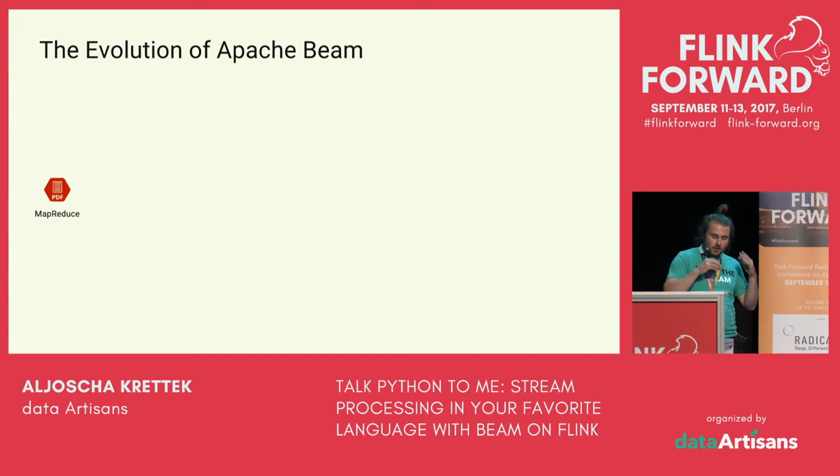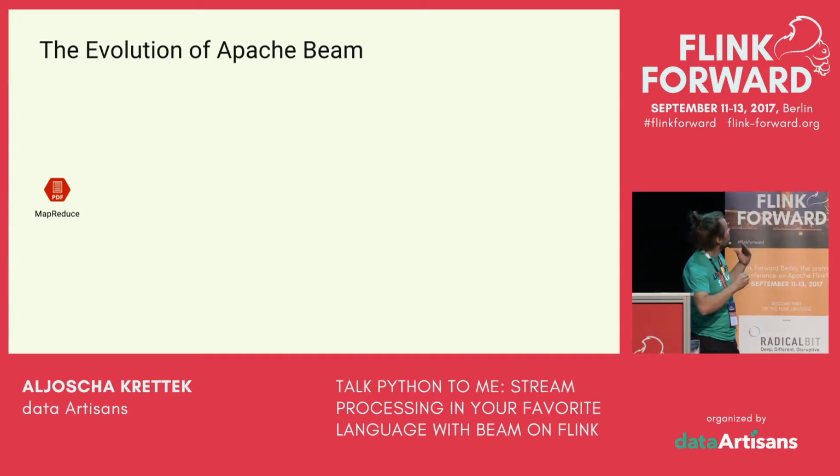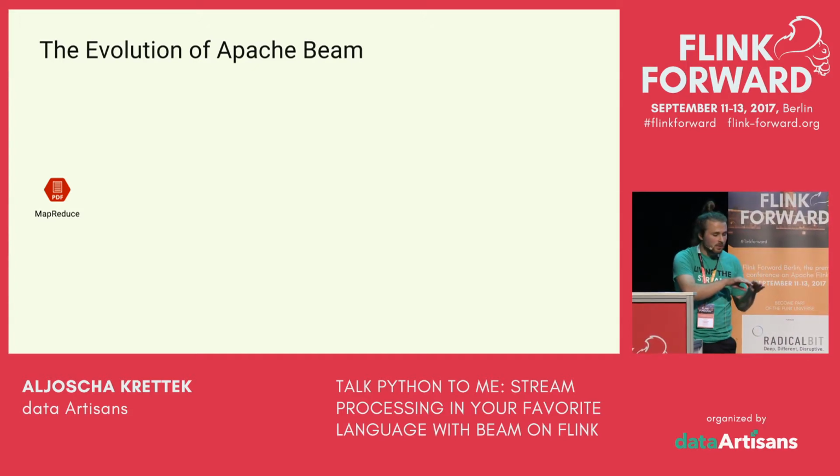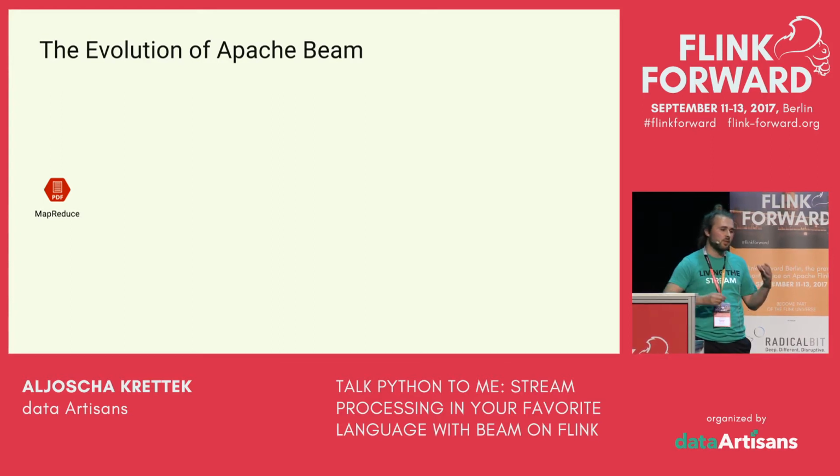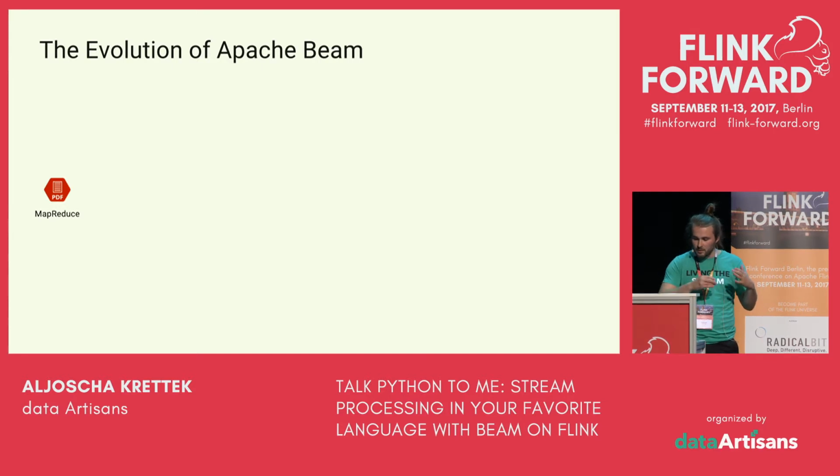To understand where Beam is coming from, you have to understand how Google and the open source big data ecosystem evolved. Big data, a few people would argue, started when Google released the MapReduce paper, because this is also when the open source community developed an open source solution for MapReduce, and then all these companies, Cloudera, Hortonworks, and so on, drove big data.